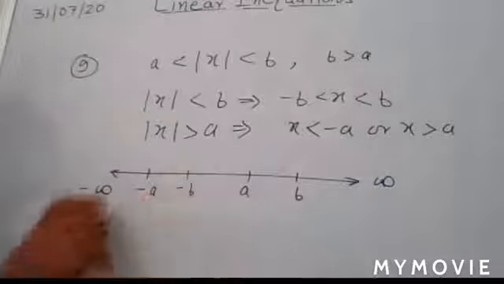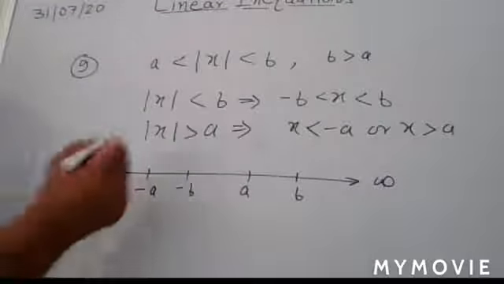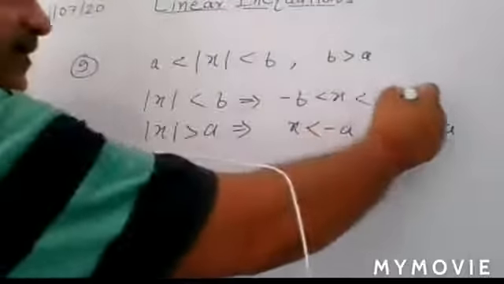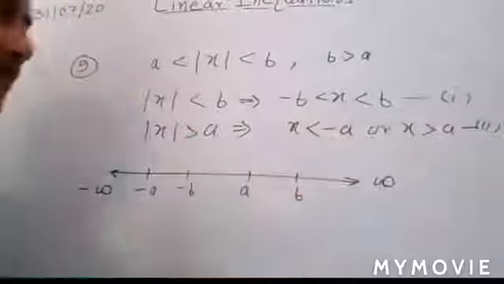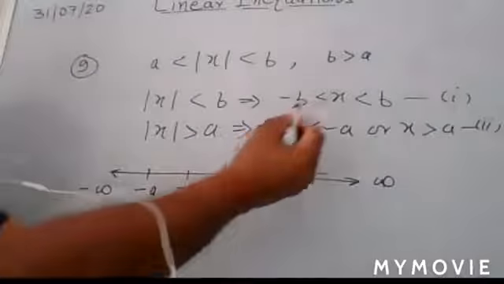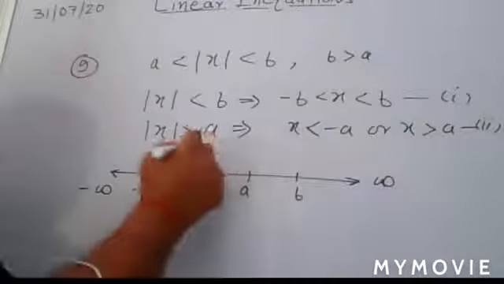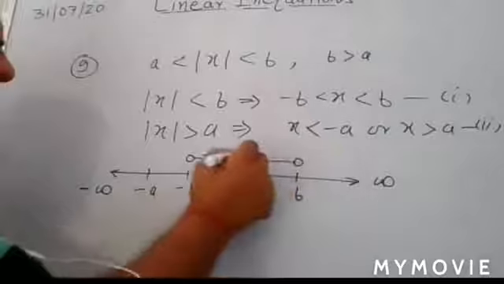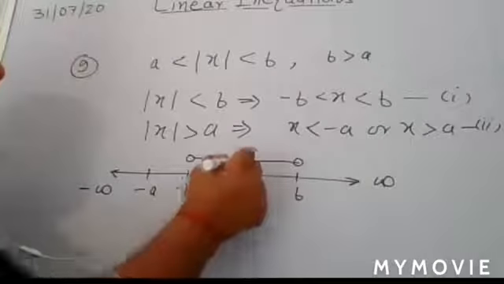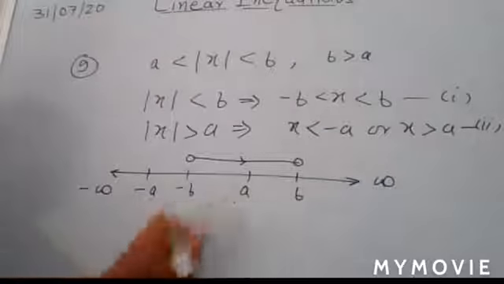Here you take 4 points on the number line. Now one by one you have to check its value. In the first part, you see that the value of x lies between minus b to b. So in this way, the value of x lies between minus b to b.